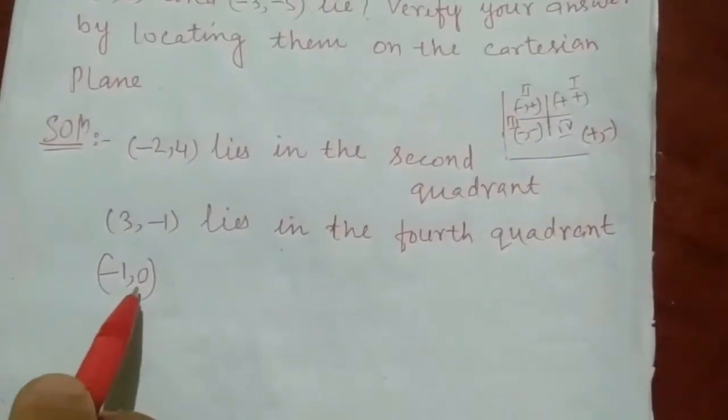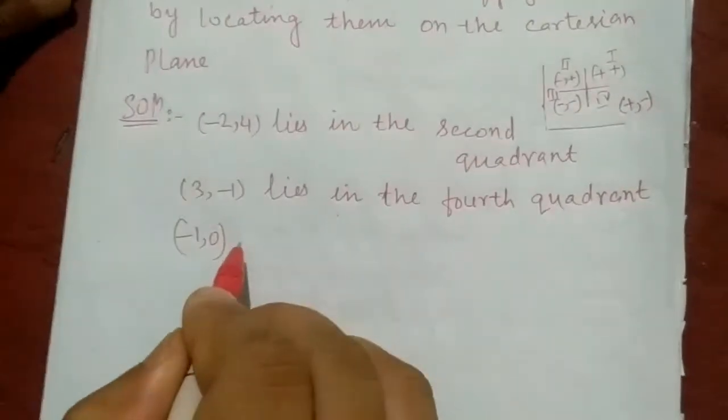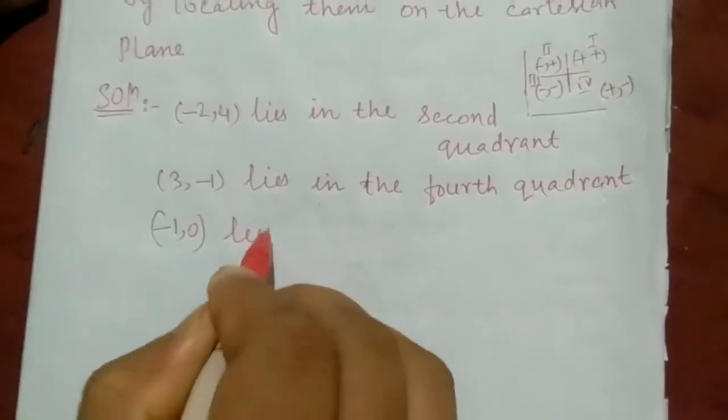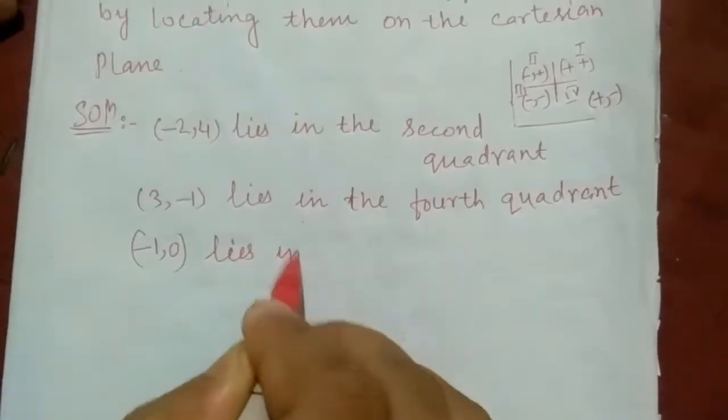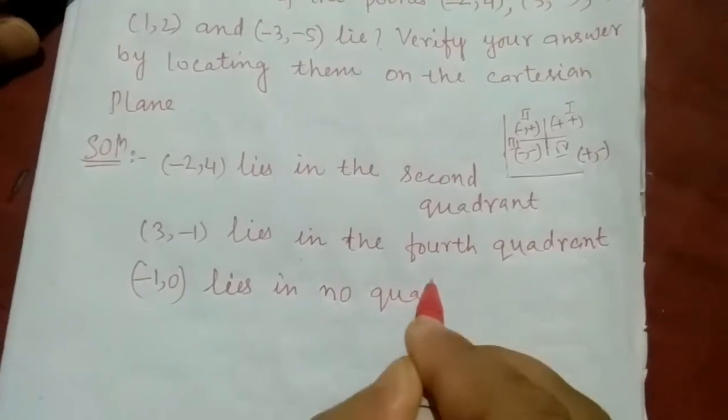Okay. The next point, (-1, 0). If any one of the coordinates is 0, then you write like this: it lies in no quadrant.